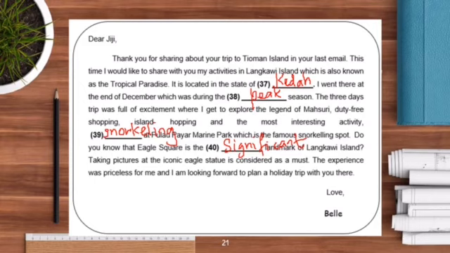Love, Belle. So I hope all of you managed to get 4 over 4. So make sure you get full marks for part 5, where you need to get 8 marks.